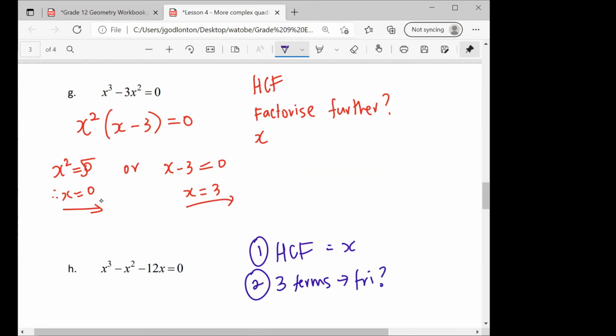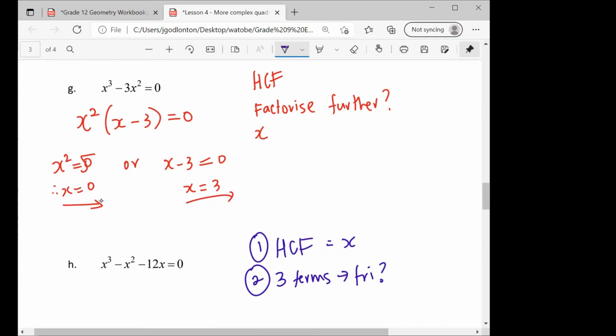Okay, and then you're going to find your values for X. Let's see, those of you who said no, I'm really hoping I can change some of those no's to a yes in this question.